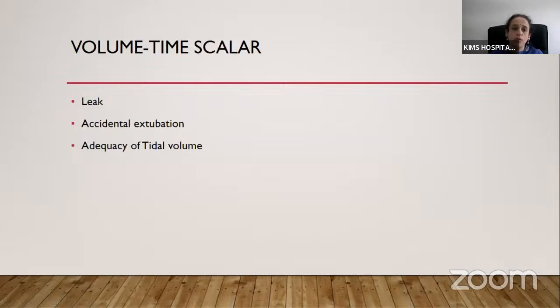So the flow time scalar we have seen. Now let's go to the volume time scalar. In this we'll get minimal information. We can know about whether there is a leak or any accidental extubation and adequacy of the tidal volume. That can be seen in the volume time scalar.